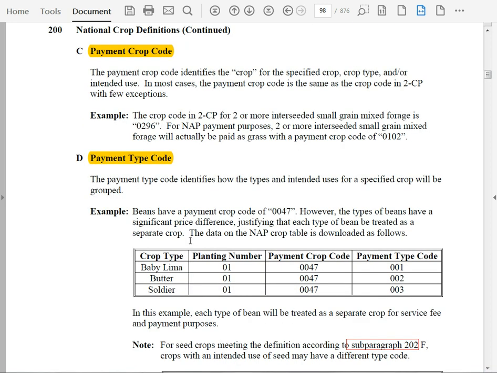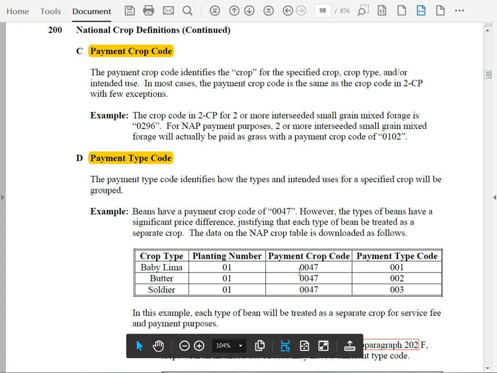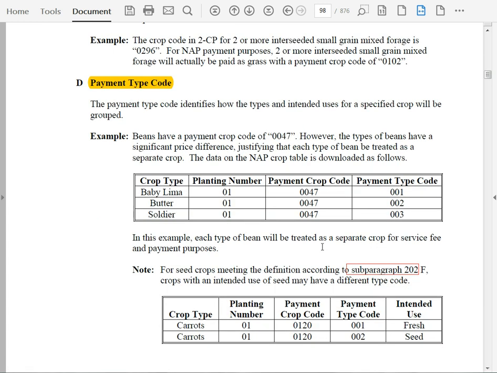The second variable is the payment crop code. In nearly every case, all types of a certain crop will be lumped into a single payment crop code. For example, baby lima, butter, and soldier are different varieties of beans, all grouped together under the same payment crop code 0047. The final variable is known as the payment type code.